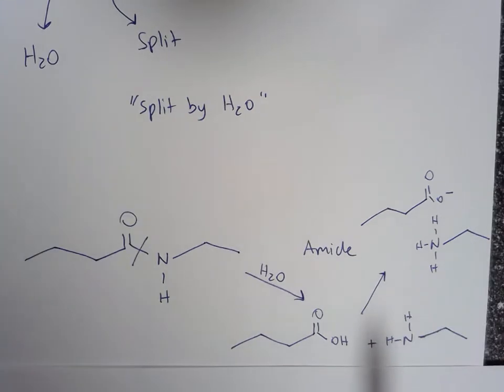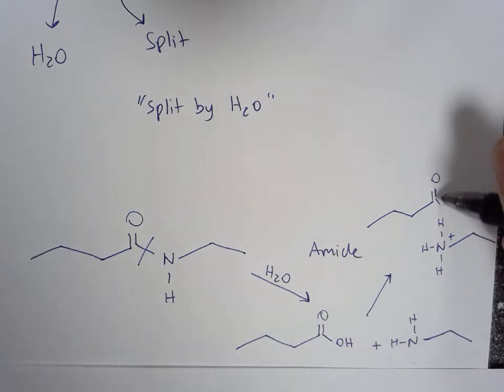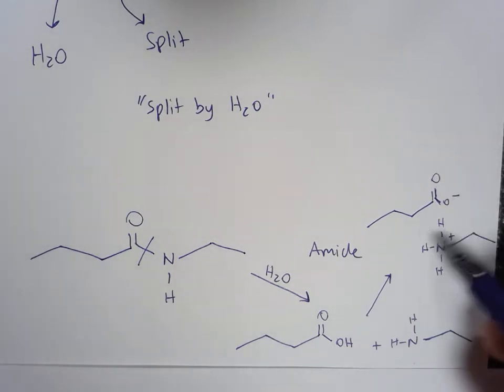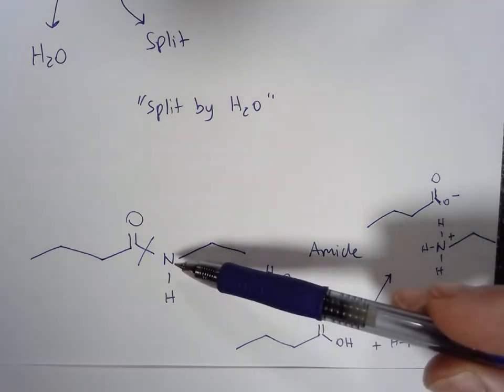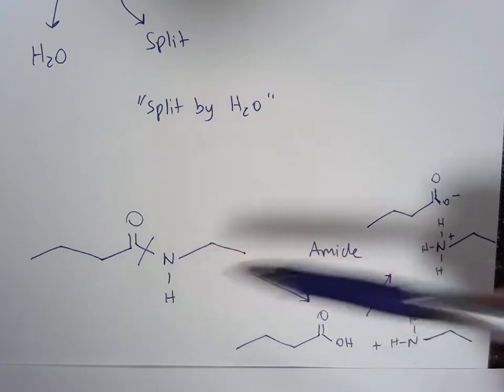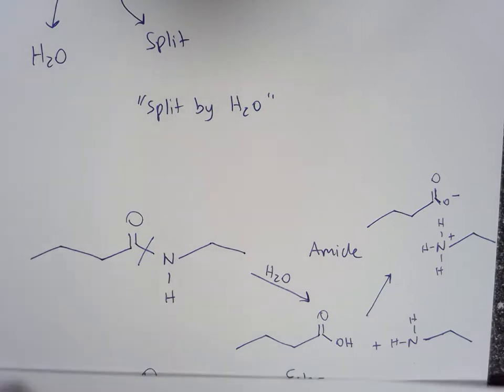So at a physiological pH, this is what will exist, and this will of course be positively charged to balance out that negative charge. So we see here that these are two separate molecules. We got an amide that was hydrolyzed by water to form a carboxylate ion and an amine. Okay, so that was the amide group.